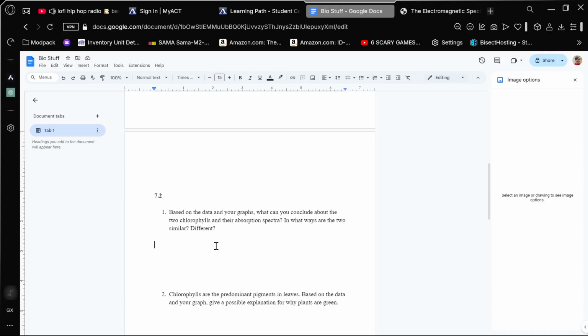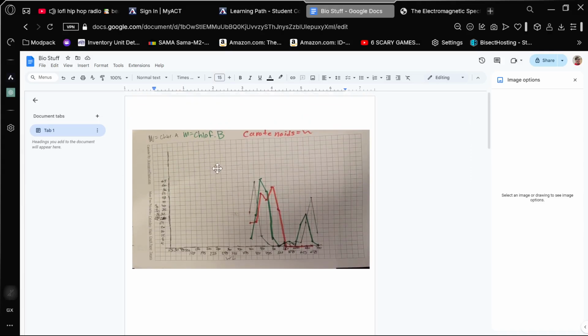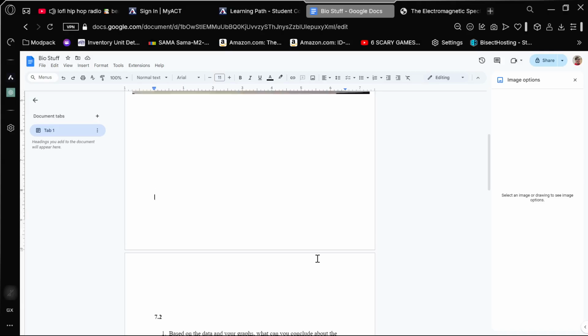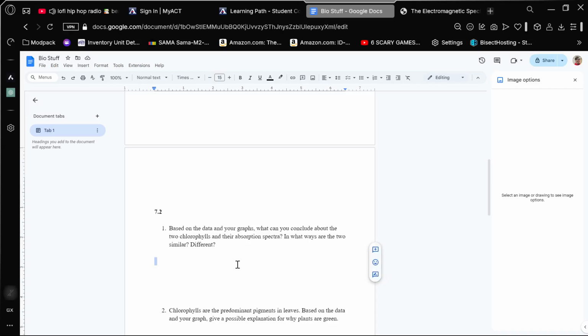So we're looking at the one that is not on 7.3. We're only looking at chlorophyll A and chlorophyll B. Oops, I added it to the wrong thing. We look at this.